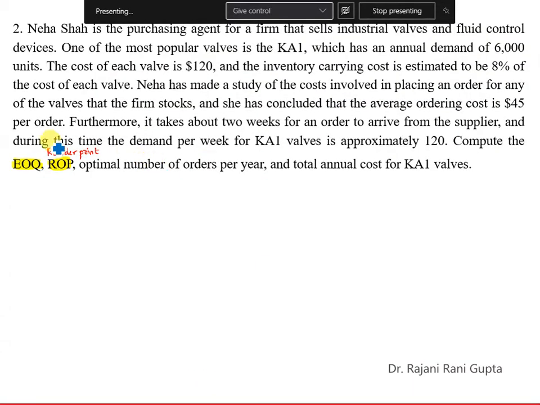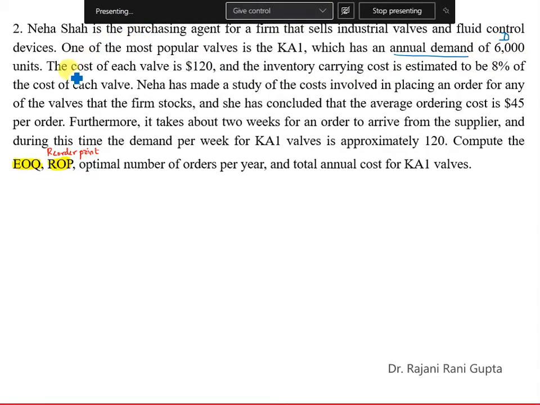Okay, so what is there? Neha Shah is the purchasing agent for a firm that sells industrial valves and fluid control devices. One of the most popular valves is the KA1, which has annual demand of 6,000 units. We know that annual demand is denoted by capital D, so it's better to use it immediately.